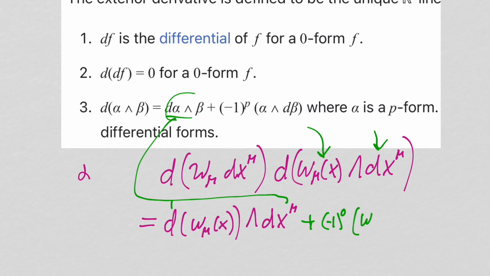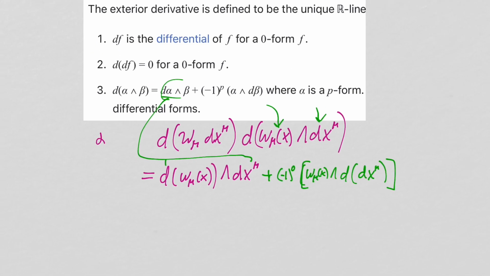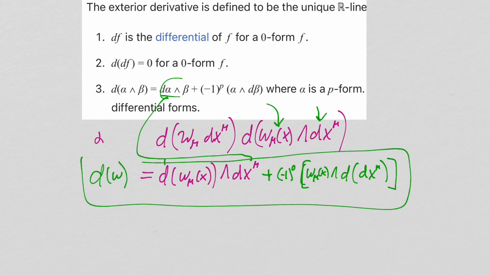Alpha is omega mu of x wedged with the exterior derivative of beta, and the exterior derivative of beta is the exterior derivative of dx mu, right? So now we have this term. And this is the answer for the exterior derivative of the one form omega, right? That's this answer right here.